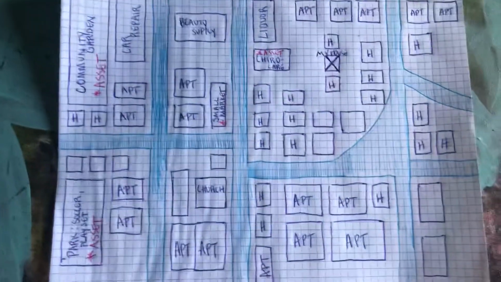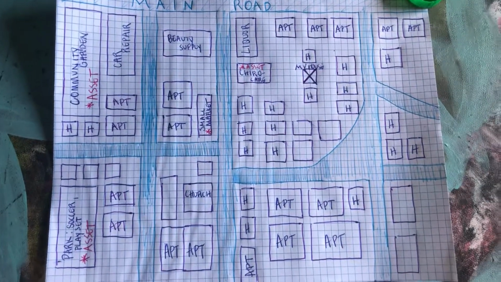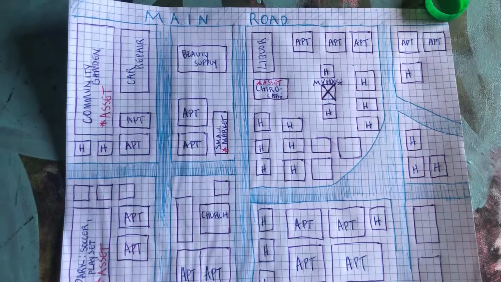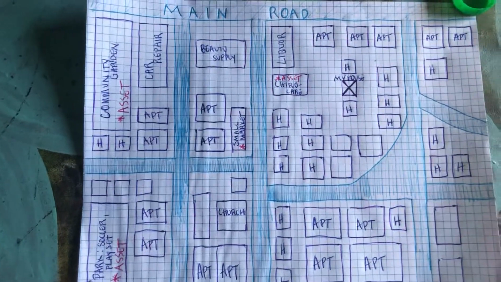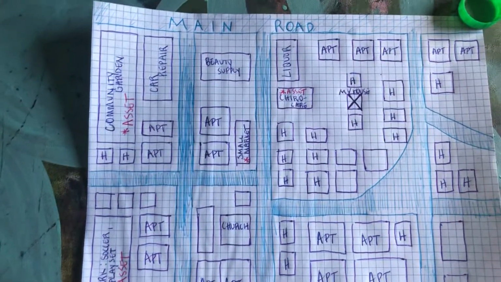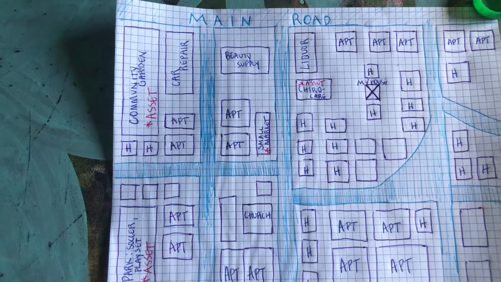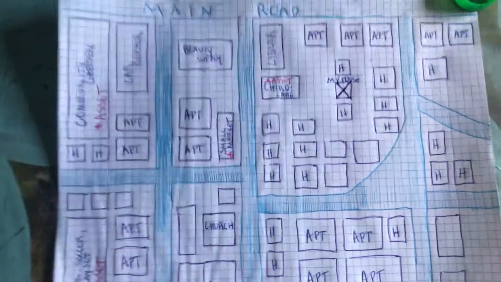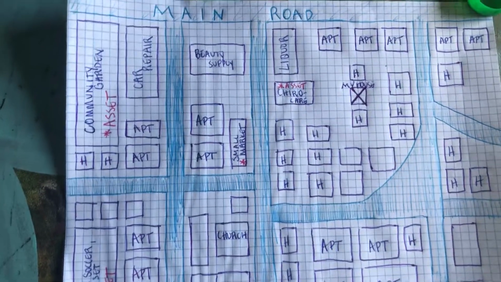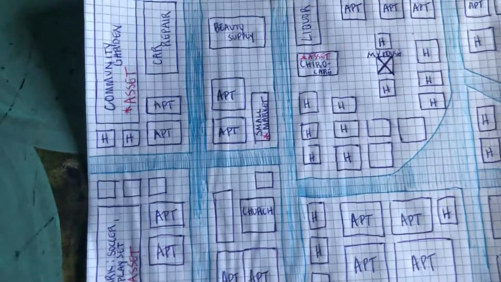The infrastructure definitely needs some work. There are sidewalks just about everywhere, but in some cases, they're falling apart, or maybe there needs to be a walk sign in some places, so that could definitely improve in this neighborhood.